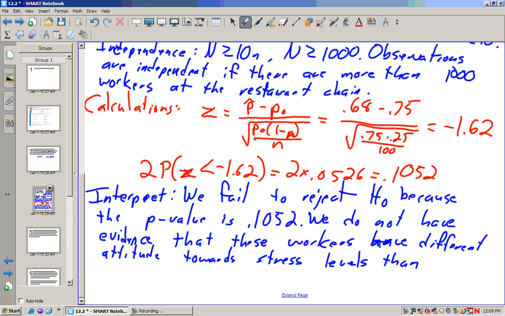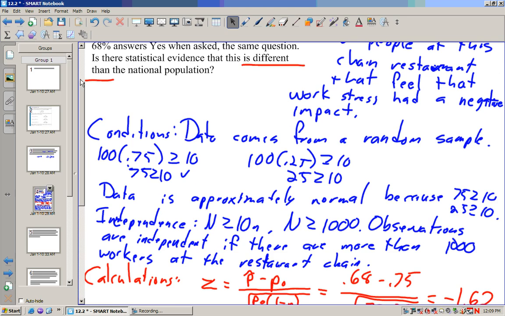Than the national average. And this is tough for people to quite understand, especially somebody who doesn't understand much about statistics.